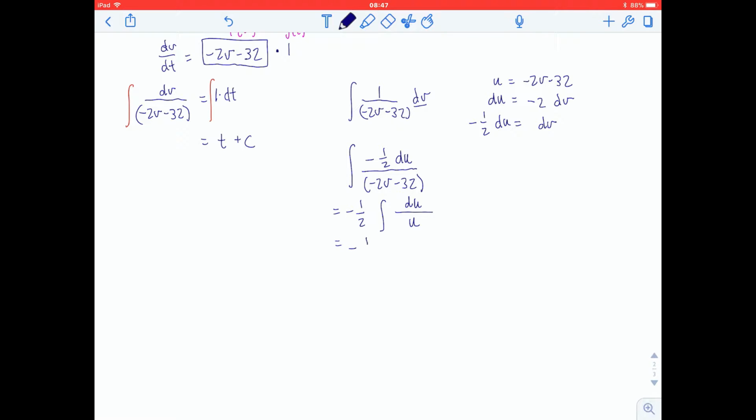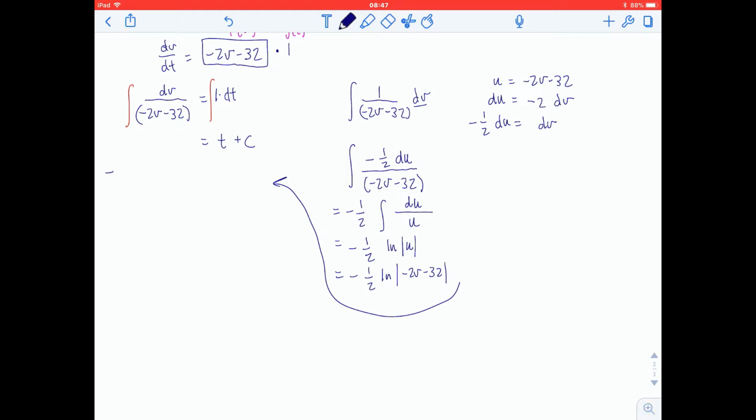And we know that that indefinite integral is just ln of the absolute value of u. As a last step, let's substitute back in for u and get the absolute value of negative 2v minus 32. Let's take this and substitute it back into our expression over here.